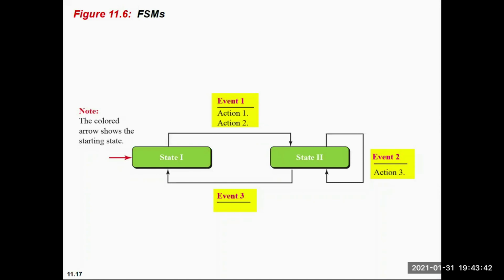So you already know that in finite state machine, basically from state 1 to state 2, you need to perform some actions. Okay, in this case, you are performing action 1 and action 2. And at state 2, another action is already performing, that is action 3. And state 2 need to give some feedback to state 1, that is this event 3. So this type of scenario is there when your data is communicated from transmitter to receiver.